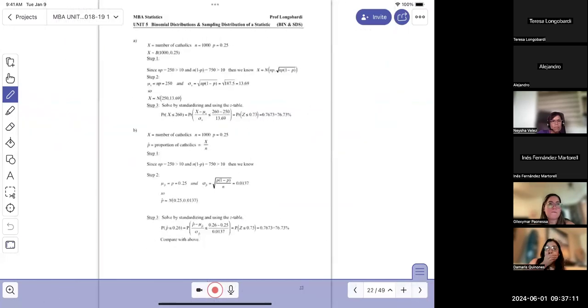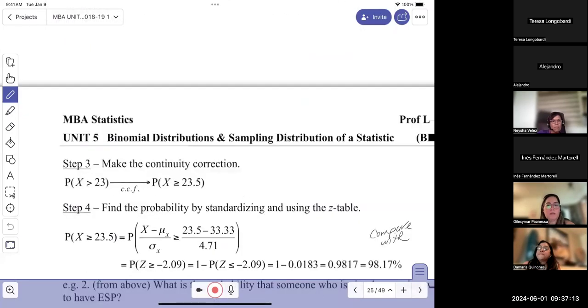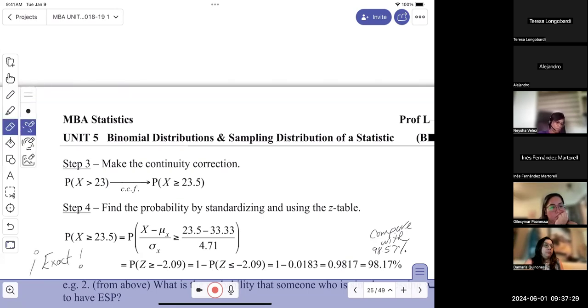Okay, so you compare that with 98.57, it's a little bit smaller. This is known as the exact, not the approximation. So you might see some problems that say find the exact, and sometimes it'll say find the approximation. If it says the exact, you have to do this little step before.